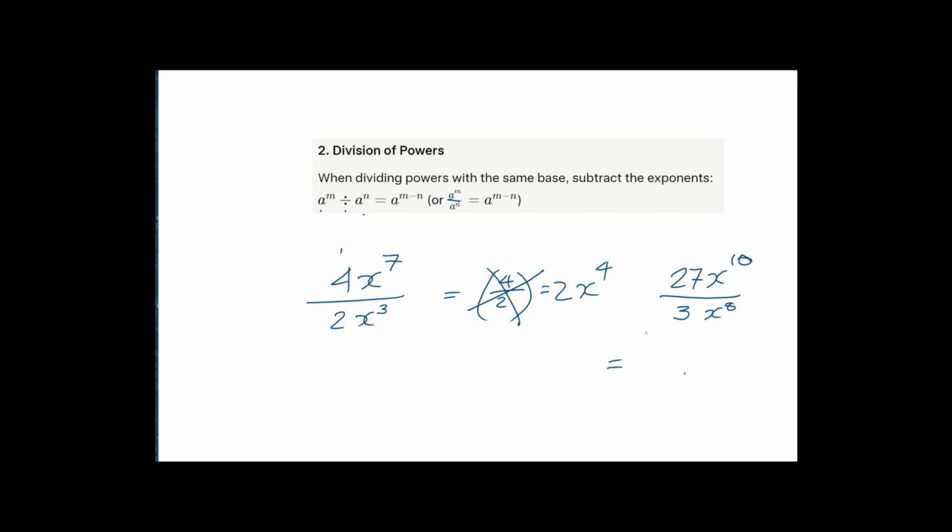So 27 over 3 is 9, and keep it on the top line if you can. x, now 10 minus 8 is squared, and we're done. That's it. That's all that one is. There are a couple of slightly tougher examples a wee bit later on.